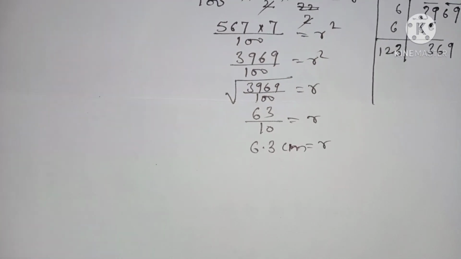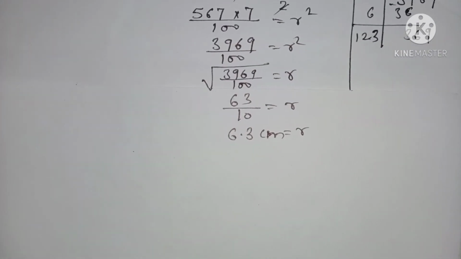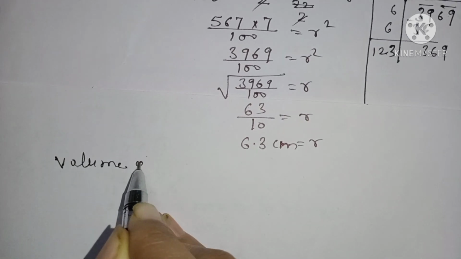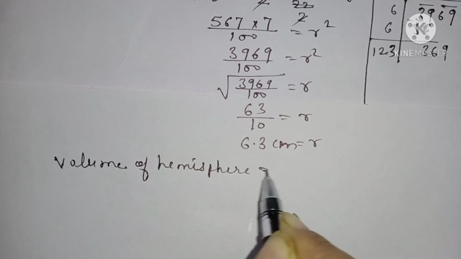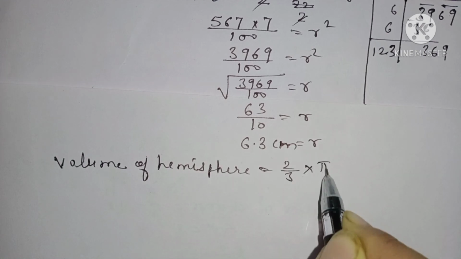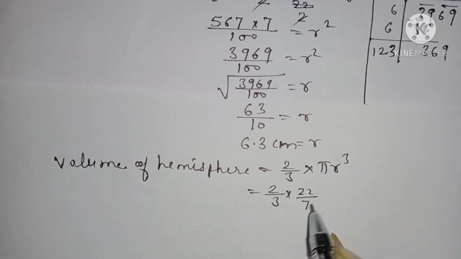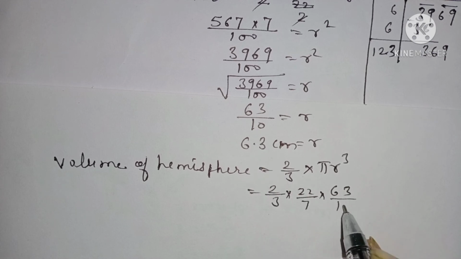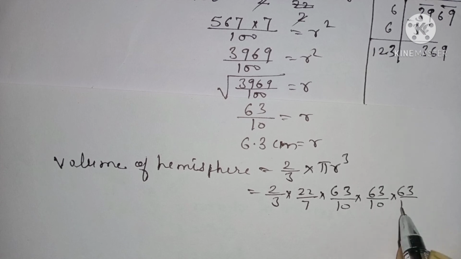Now after getting the radius, let's calculate the volume. Volume of hemisphere is equal to 2 by 3 pi r cube. Now 2 by 3 pi and the radius. Instead of writing 6.3, it's better to write 63 upon 10 into 63 upon 10 into 63 upon 10.